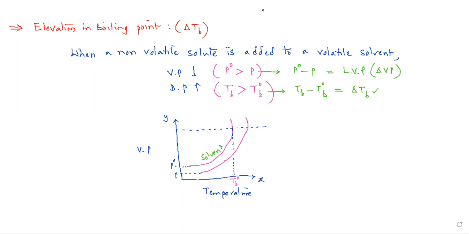Now this is the atmospheric pressure. This is a difference. See, P naught is greater than P. Whereas if you consider this portion, you will get the boiling point of the solution. This is solution curve.